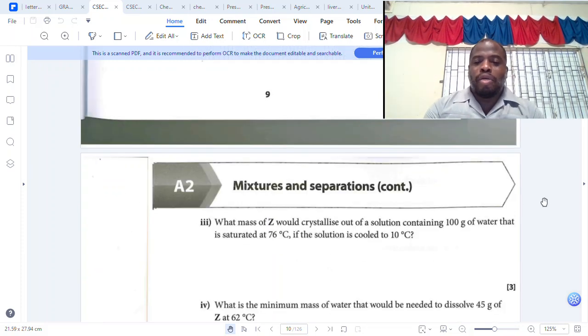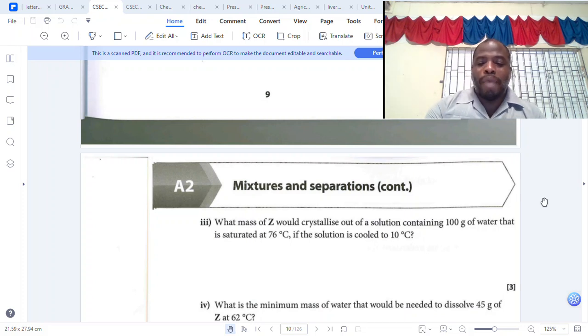Now our next question says, what mass of Z would crystallize out of solution containing 100 grams? Remember I just spoke about the fact that sometimes you see that white flake stuff. That's what we're talking about. So if it was saturated at 76 degrees Celsius, and if the solution is cooled to 10 degrees Celsius.